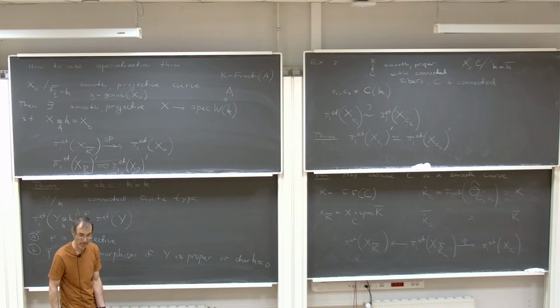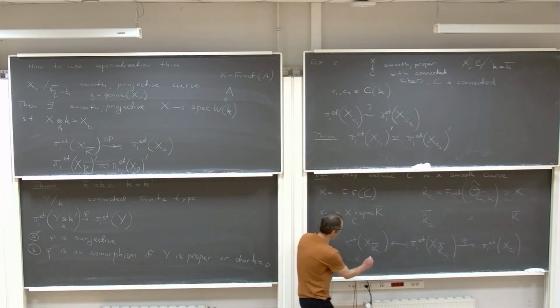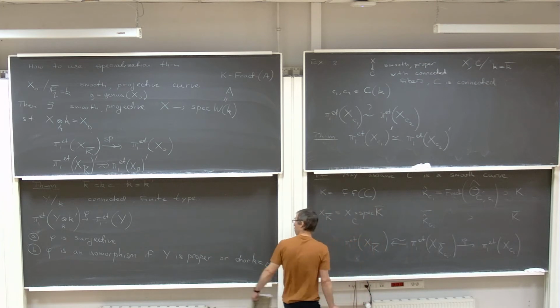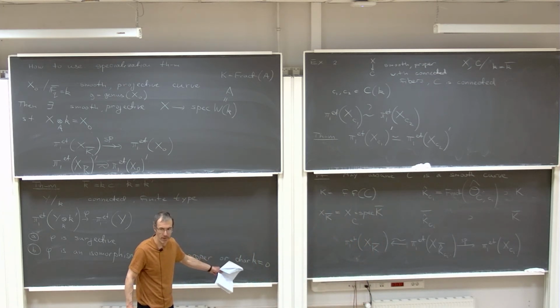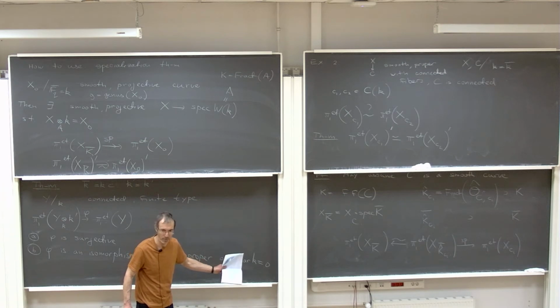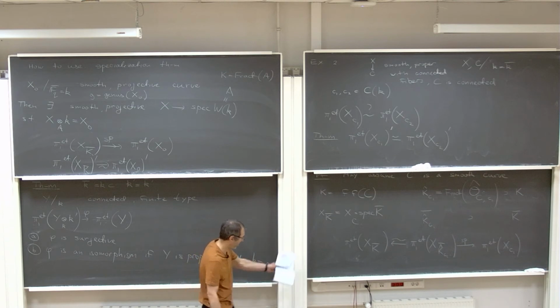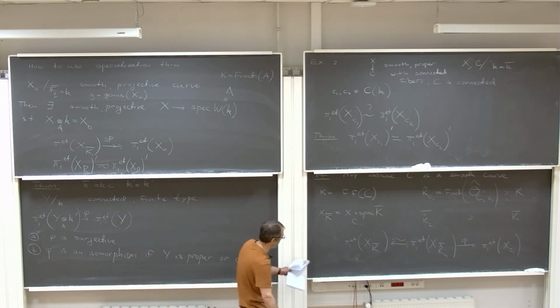The fiber is proper. And by the way, part B is not an easy theorem. It's relatively easy modulo results that we already know, but it requires another, new idea.